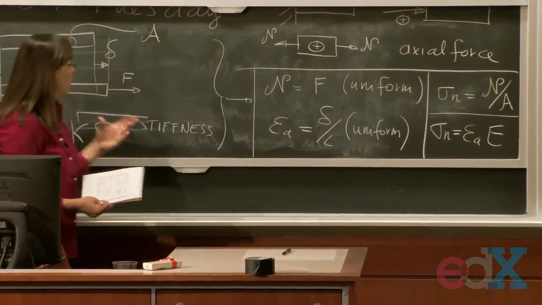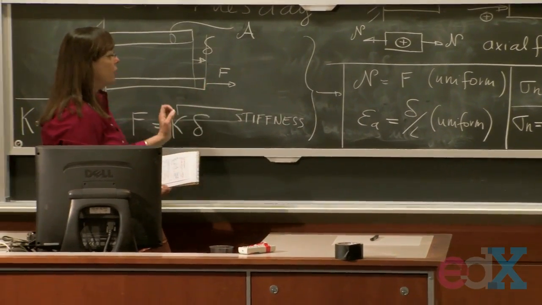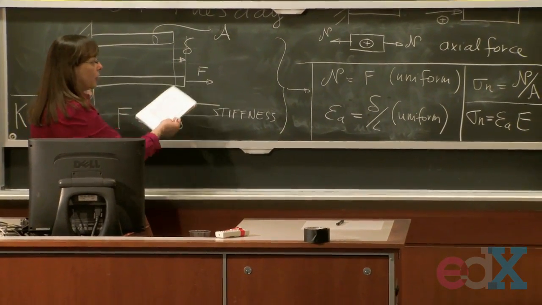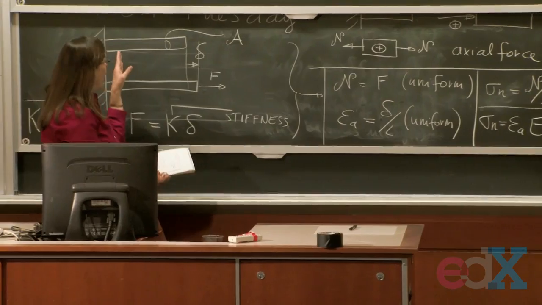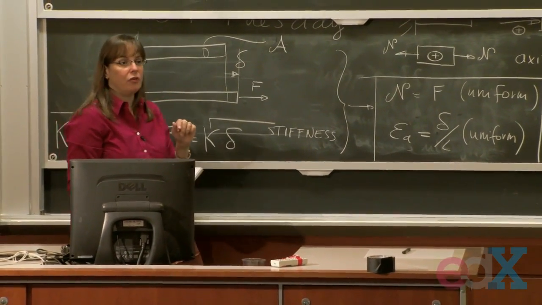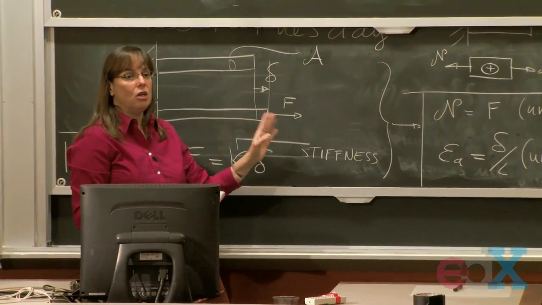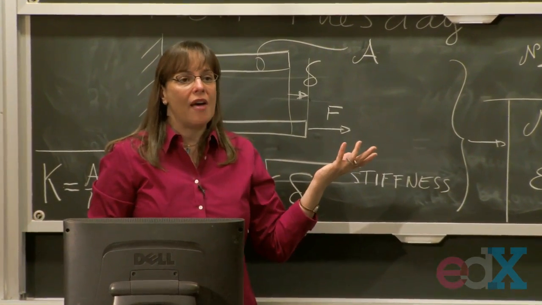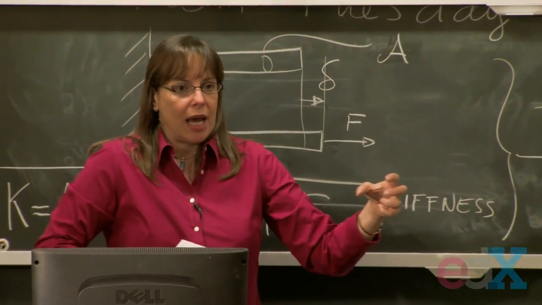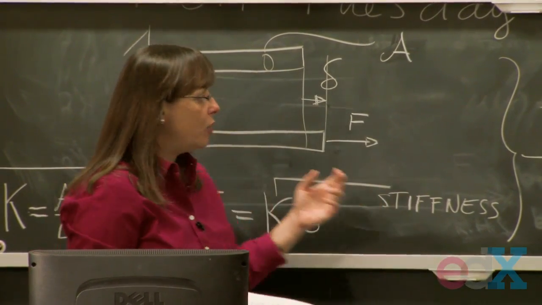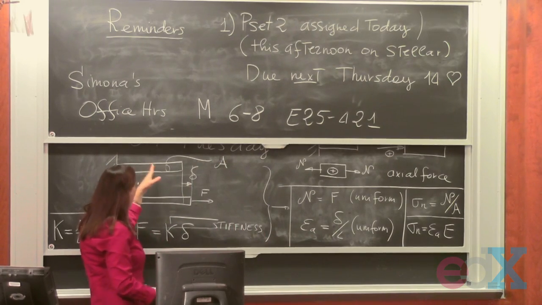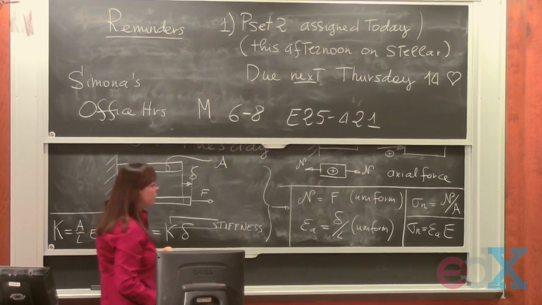In this case, because the bar is uniform, simply dividing the total elongation of the bar by the length of the bar gives us an idea of how much each part of the bar is deformed, because they're all deformed the same way. So if the whole bar elongates by delta, everybody feels the same kind of stretch. And so if you divide the total elongation by the length of the bar, you have a measure of how every little part of the bar feels.